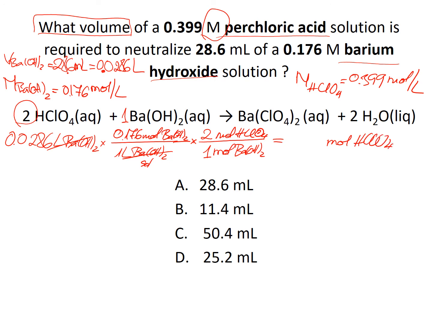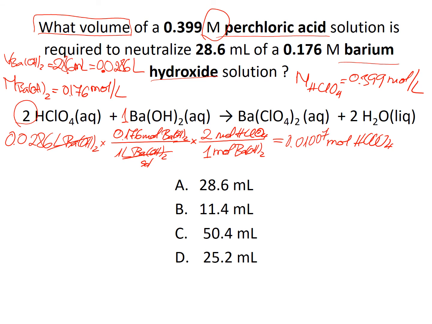And that number is going to be 0.0286 times 0.176 times 2, and that gives us 0.01007 moles of perchloric acid.